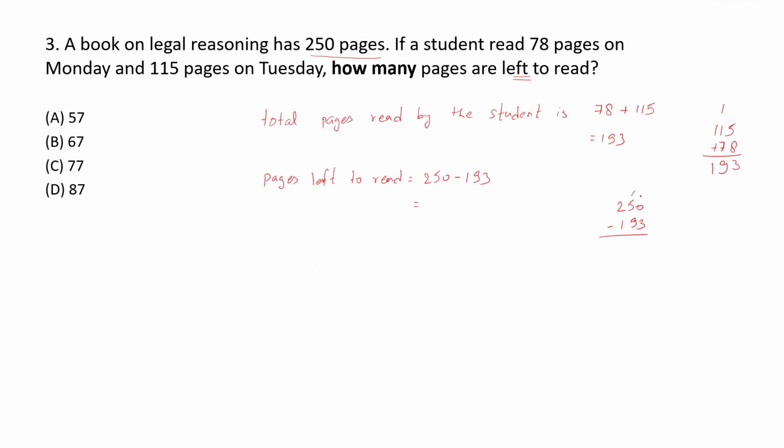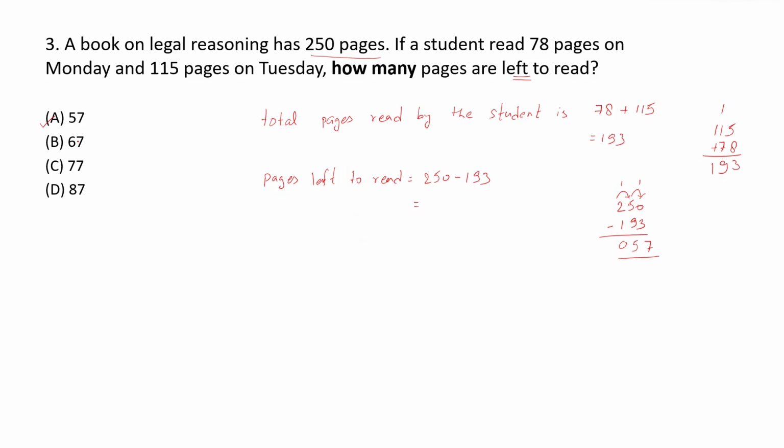So again, you have to take remainder on this side. 0 becomes 10. 10 minus 3 is 7. It becomes 4 because you have taken one remainder on this side. 4 minus 9 is not possible. So you will take one remainder on this side. It becomes 14. 14 minus 9 is 5. And here you had 1. So 250. 1 minus 1 is 0. So 57. So option A is correct. So the student is left with 57 pages.